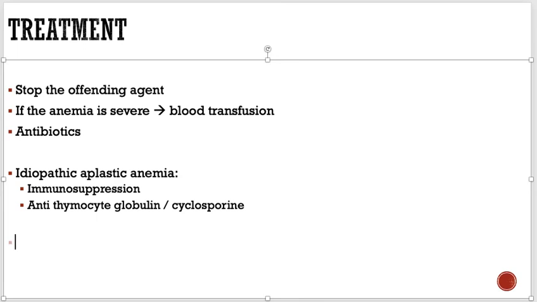Then this is one of the cases in which we can do a bone marrow transplant. We transplant them with bone marrow so that they have someone's bone marrow which can produce blood for them. So this is the treatment for aplastic anemia.